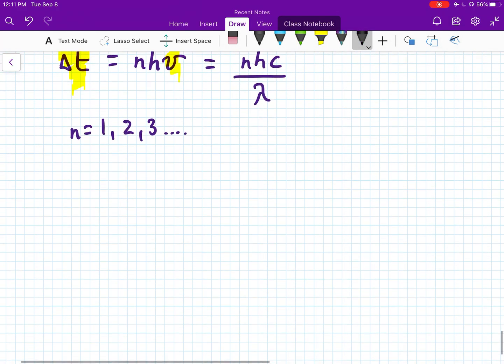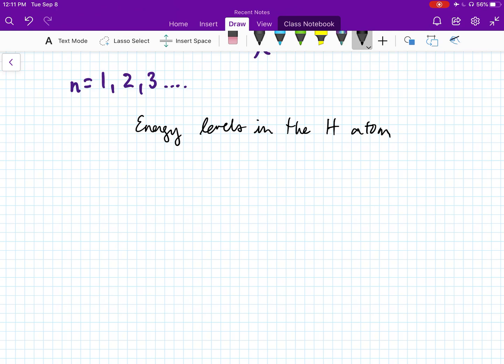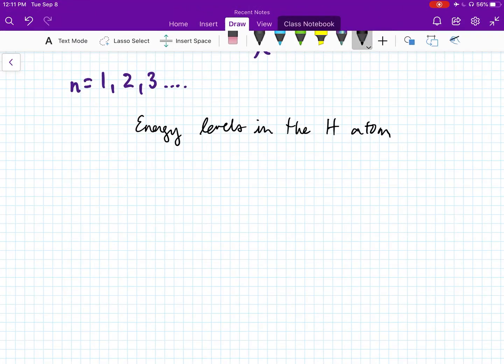Let me draw a little picture representing the energy levels in the hydrogen atom. This sketch is going to try to show the Balmer series in a semi-quantitative way. So I am going to make a little y-axis with energy represented as going from low to high as we move up.